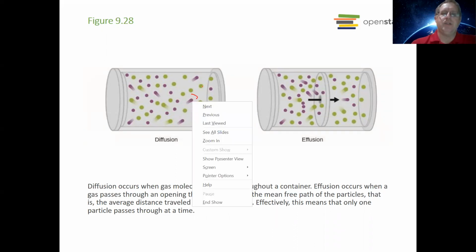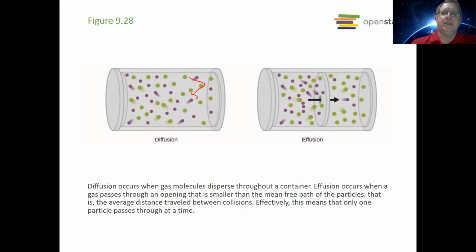It's going to go again, and hit something and go again. So the mean free path, the path that it goes between collisions, isn't that big. Even though it's going really fast, it doesn't move throughout the substance near as fast. Now, the lighter it is, the faster it's going to diffuse, just like the lighter it is, the faster it is going to pass through a tiny opening for effusion.